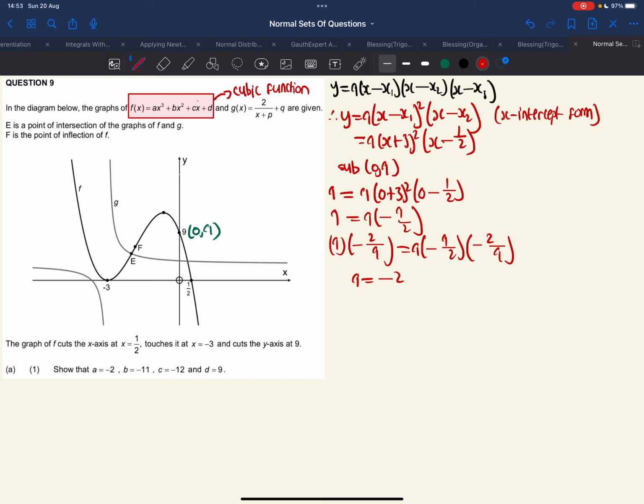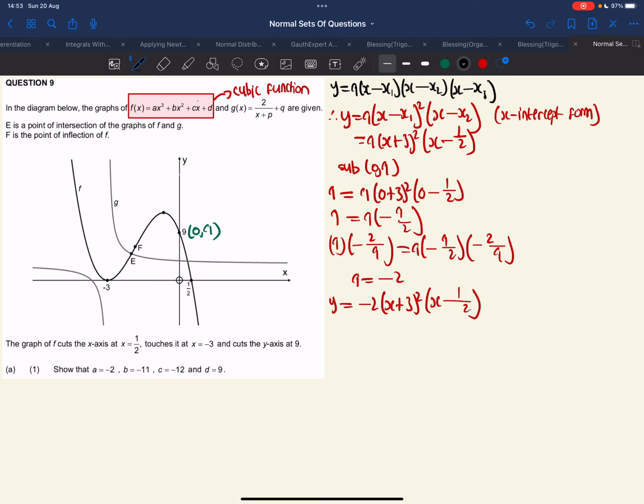Right. So the equation we now have is y equals -2(x plus 3) squared multiplied by (x minus 1 over 2). Now we need to expand it.